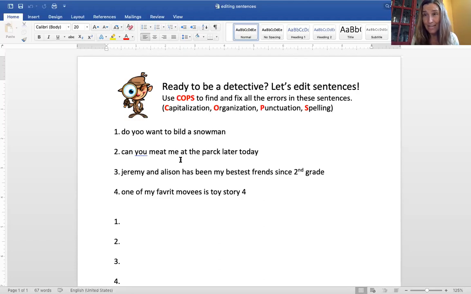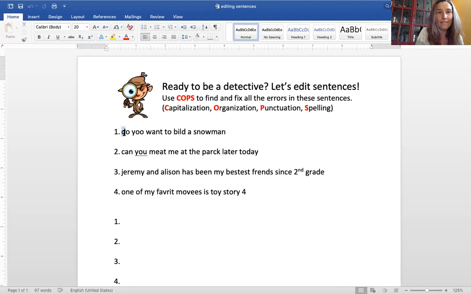What I'm going to do is give you a chance to pause the video now and see if you can figure out what needs to be fixed. If you don't want to pause the video, just go ahead and stay with me because I'm going to show you the corrections now. As I look, I notice that it has a D at the beginning of the sentence that is not capitalized.